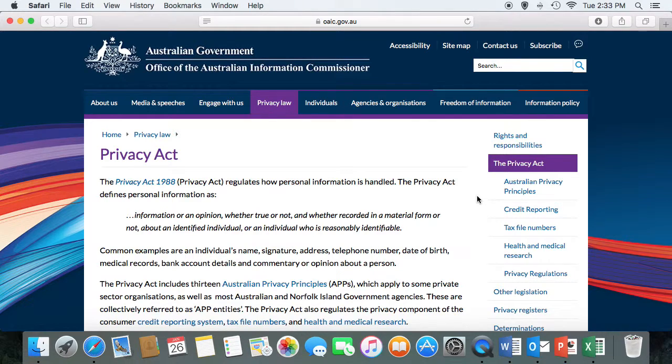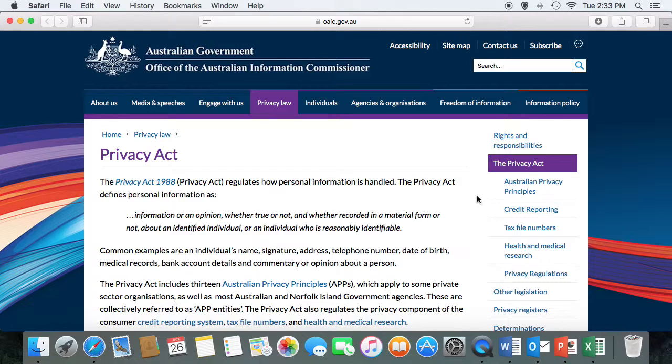All right. So this particular information is available on the Office of the Australian Information Commissioner website. They have really good information about the Privacy Act, a really good definition. They say that the Privacy Act defines personal information as information or an opinion, whether true or not, and whether recorded in a material form or not, about an identified individual or an individual who is reasonably identifiable.